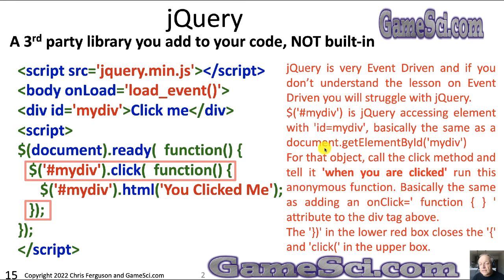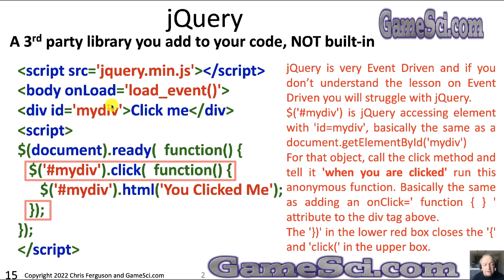Basically, it's doing the same thing as a document.getElementById passing it mydiv. For that object, call the click method and tell it when you are clicked, run this anonymous function. Basically, it's the same as adding an onClick attribute to the div tag above.